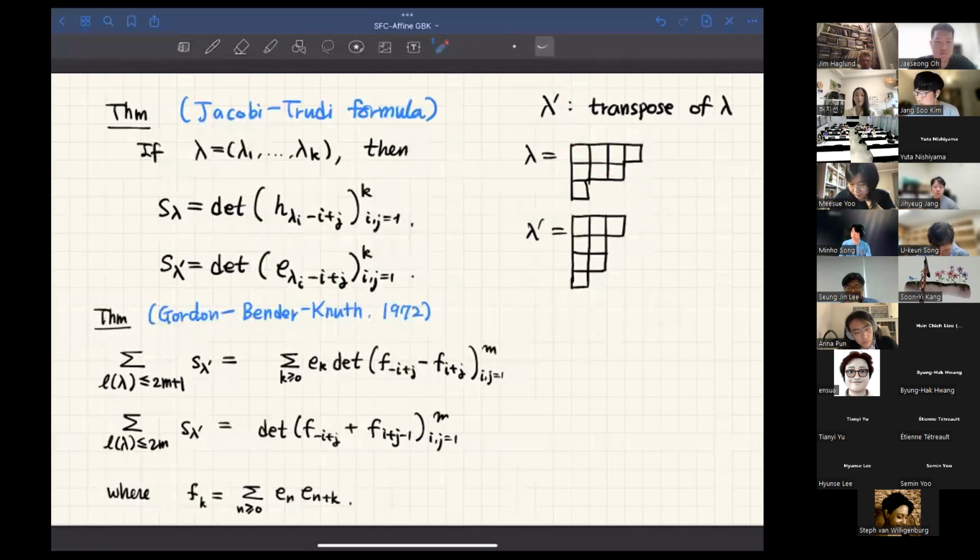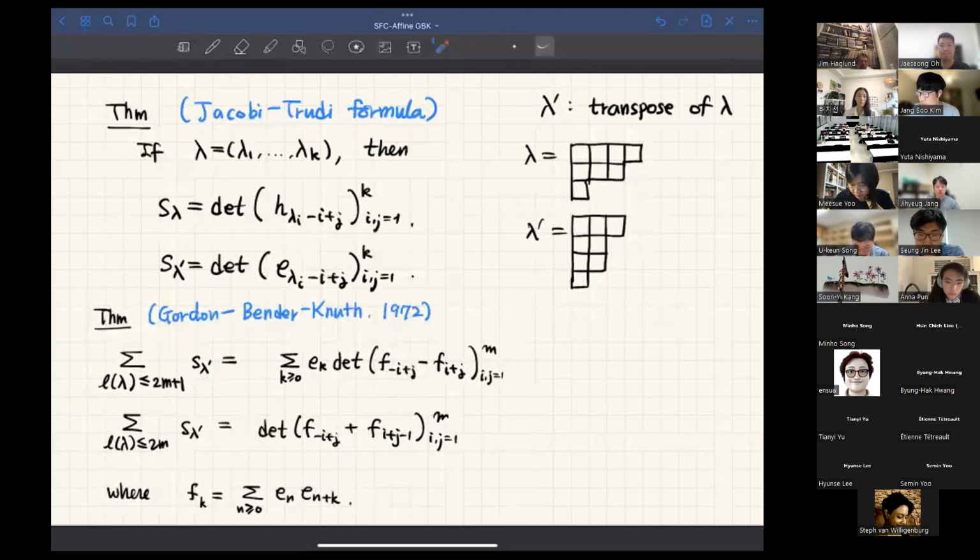And the Gordon-Bender-Knuth identity is an identity for the sum of all Schur functions with fixed bounded width or equivalently bounded height. And for our purpose, it's more convenient to work with lambda prime. So I'm going to write the identity in this way. The sum over all semi-standard Young tableau or Schur functions with bounded height, but we take the prime, the transpose.